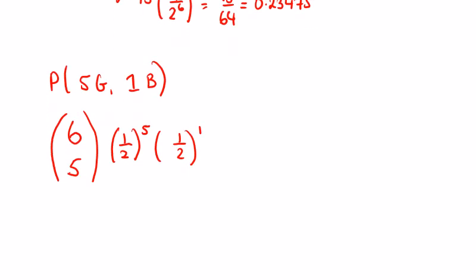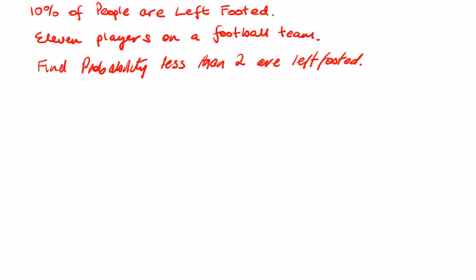And 6 choose 5 is the same as 6 choose 1, which is 6 by, and again it's going to be 1 over 2 to the power of 6. So in this case, 6 over 64, which is equal to 0.09375.